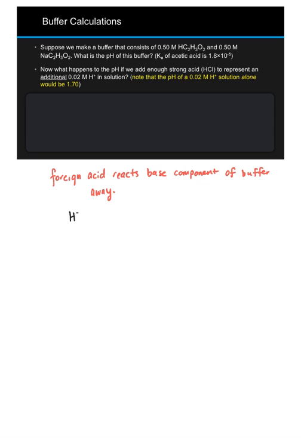H plus, this is from HCl, reacts with the base component of our buffer. That's the anion acetate, C2H3O2 minus. And the result of this reaction is the formation of HC2H3O2. This is another component of our buffer.